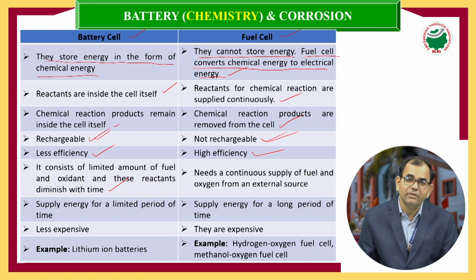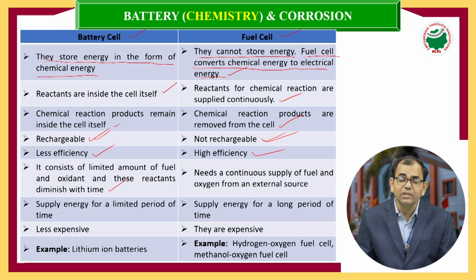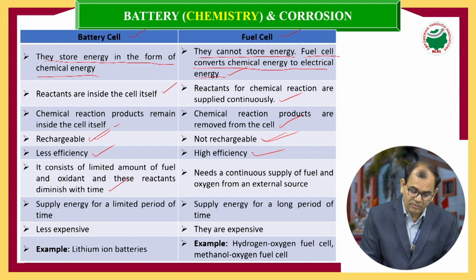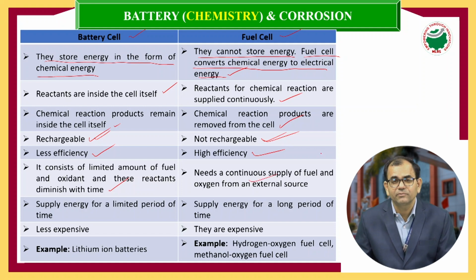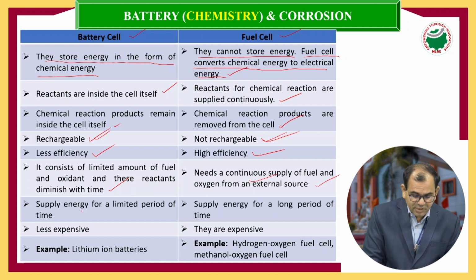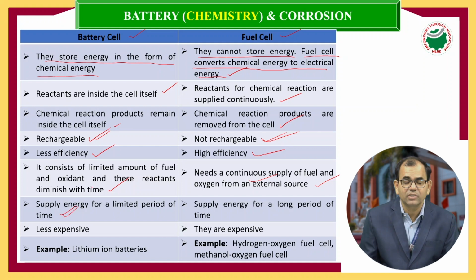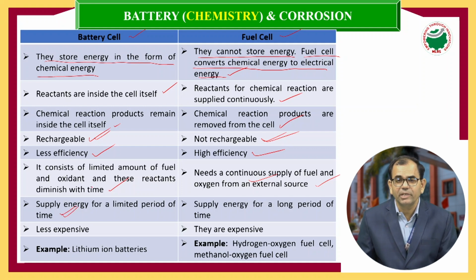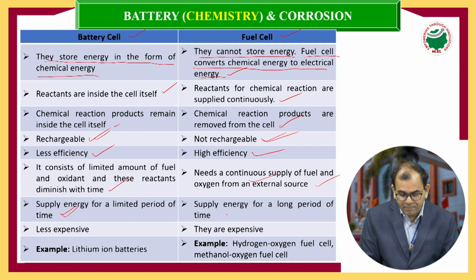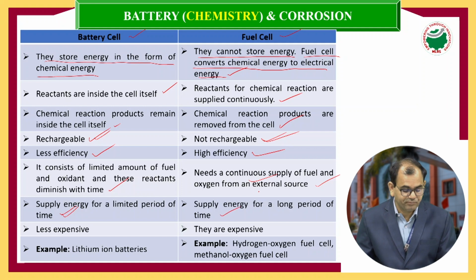But if it is irreversible, it needs a continuous supply. So fuel cells need continuous supply because they are not reversible. If it is a primary battery, it supplies energy for a limited period of time. If it is a reversible reaction, there is no need to supply. Fuel cells supply energy for a long period of time.